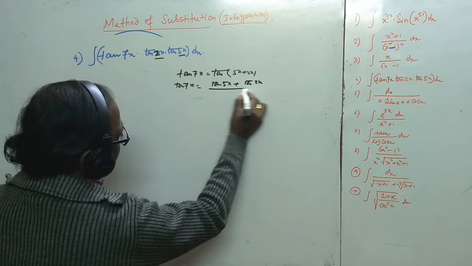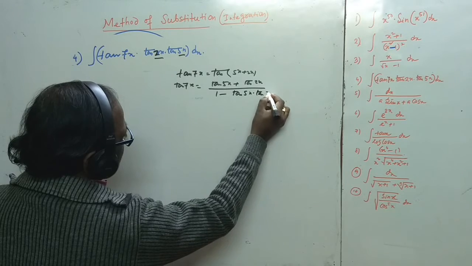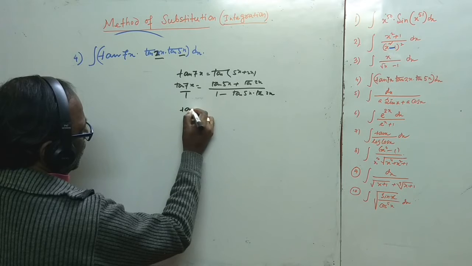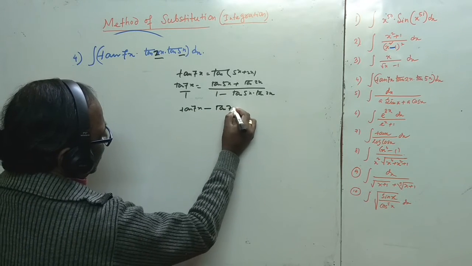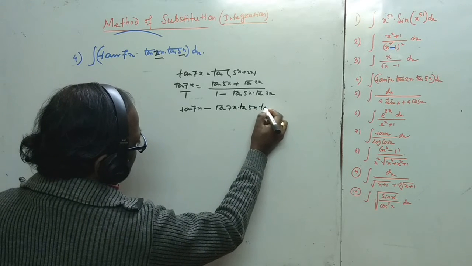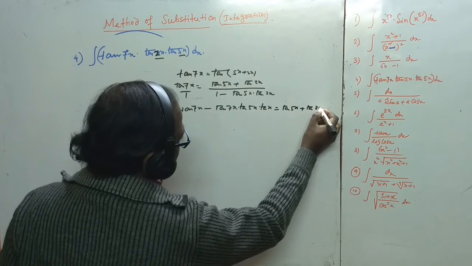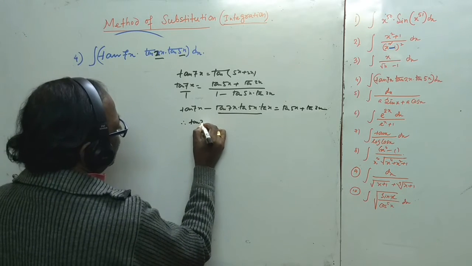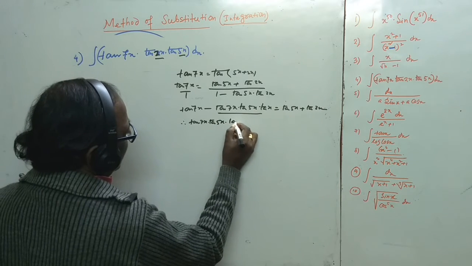Now tan 7x, and that will be tan 5x plus tan 2x by 1 minus tan 5x tan 2x, and by cross multiplication method we get tan 7x minus tan 7x tan 5x tan 2x is equal to tan 5x plus tan 2x here. Okay, and this is what we need to substitute in the integration.